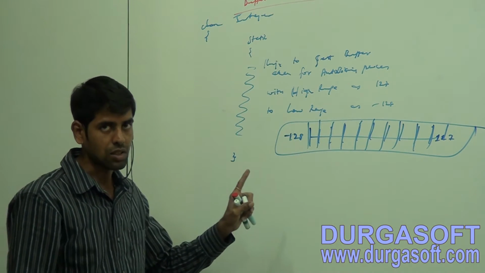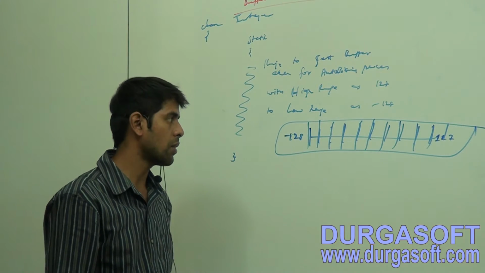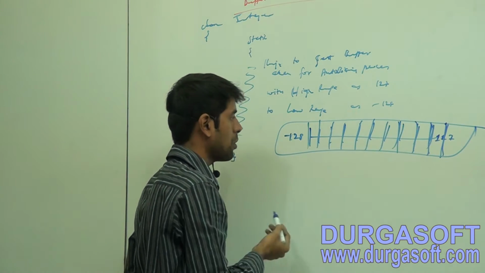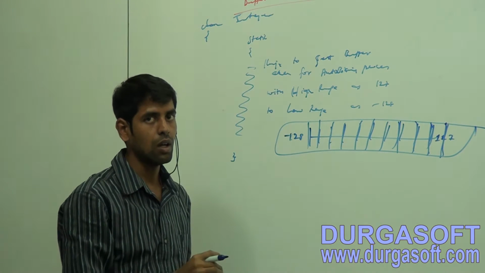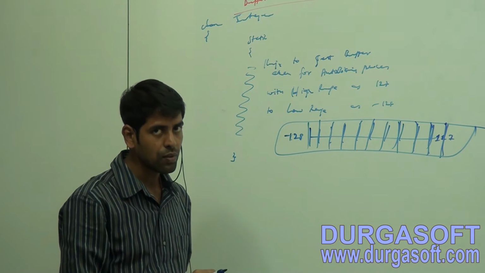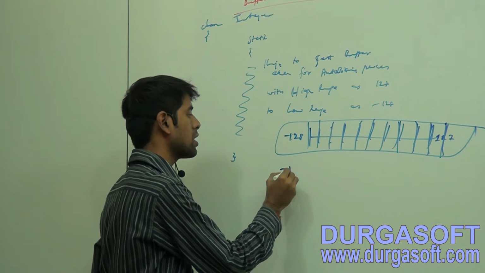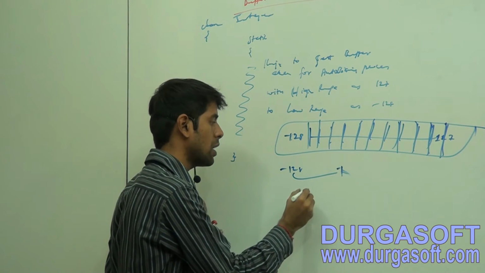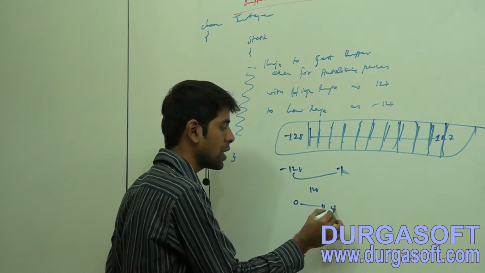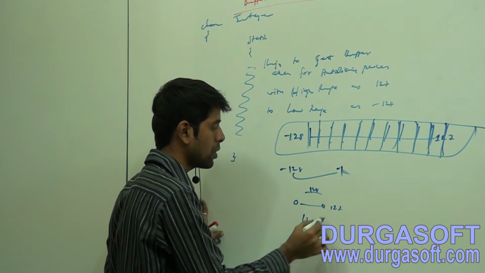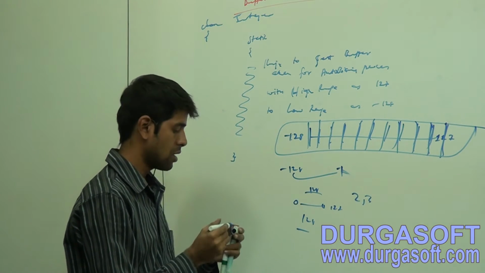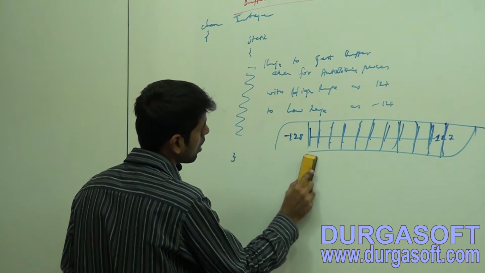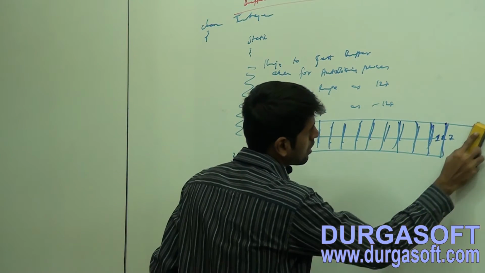Now observe, all together how many blocks? -128 to -1 is 128, and 0 to 127 is 128, so 256. So we have 256 blocks.